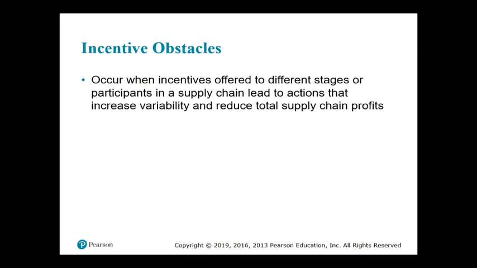Right? Everybody will still care about what they get in the end. So in times when their benefits are not aligned with one another, that could lead to actions that increase supply chain variability and reduce profit.